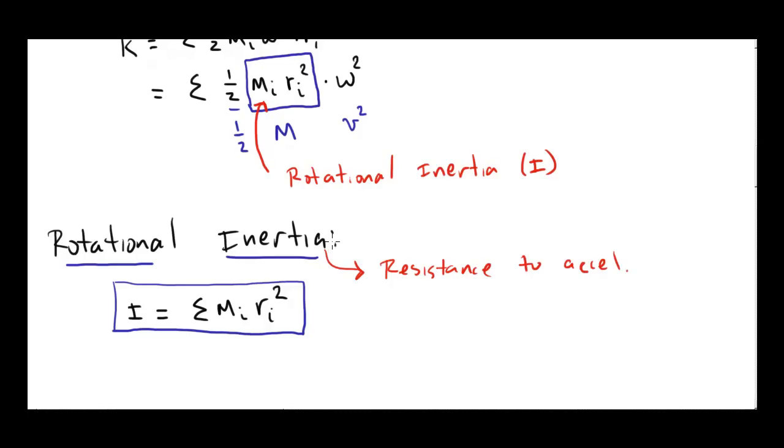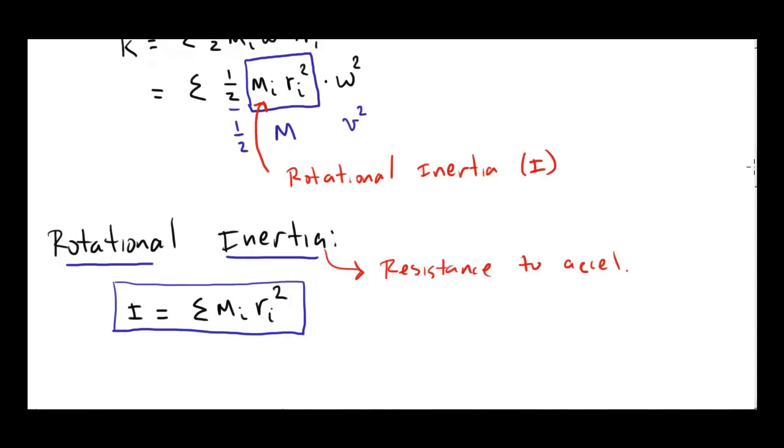The word mass sort of refers to this property of inertia, which is resistance to acceleration. And so what this is saying is, if you have something spinning, the amount of inertia, the resistance to acceleration, is related not just to the mass of the thing that's spinning, but also the radius, or the distance away from the center of the axis of rotation, which is an interesting concept.